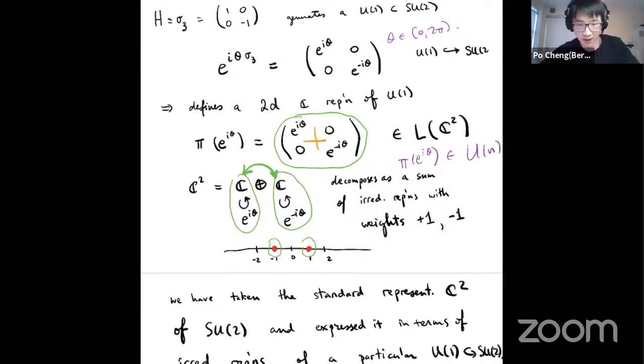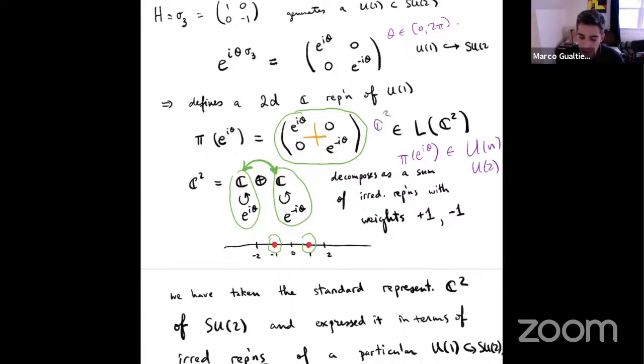My question is about pi itself. Just stick with me. We're talking about an n-dimensional representation. That means that for every theta, this is a unitary matrix, right? In this case, it happens to be U2. This is a 2-dimensional representation. It's a 2 by 2 unitary matrix acting on C plus C. So I'm telling you what the 2 by 2 unitary matrix corresponding to theta is.